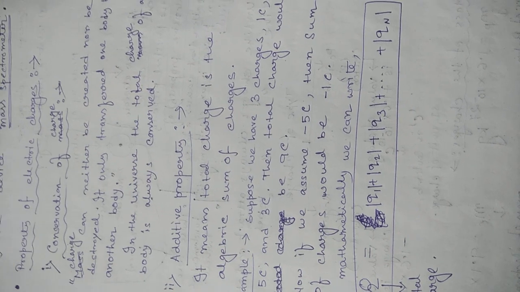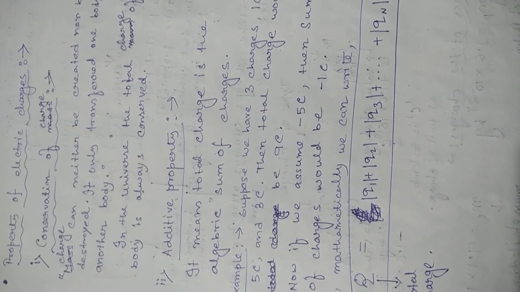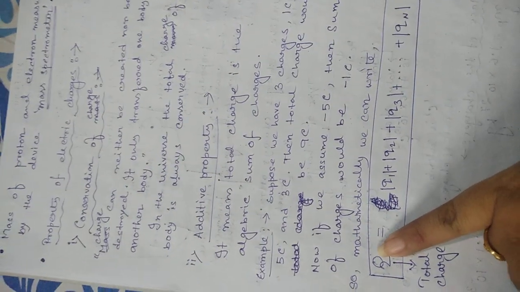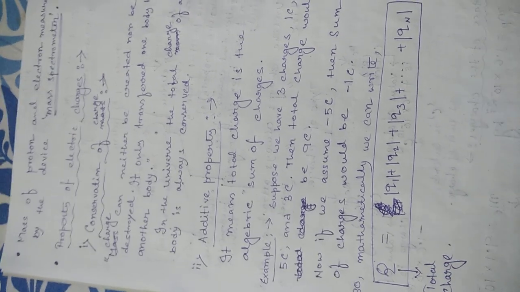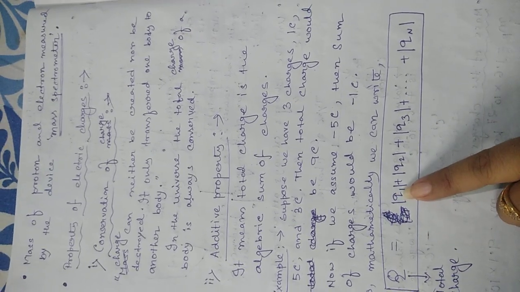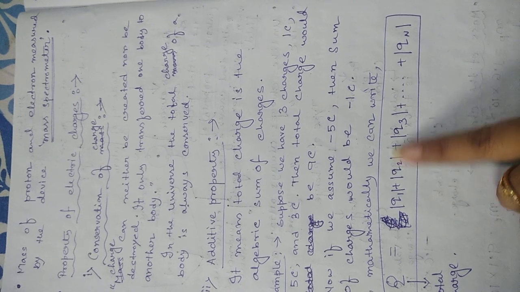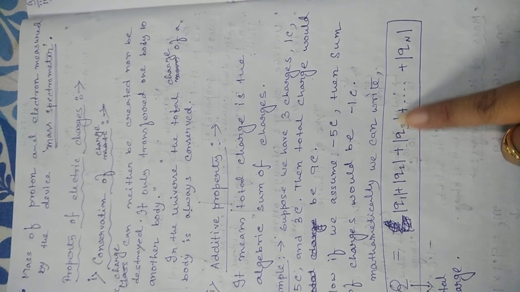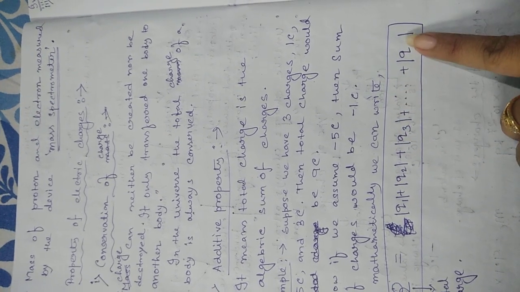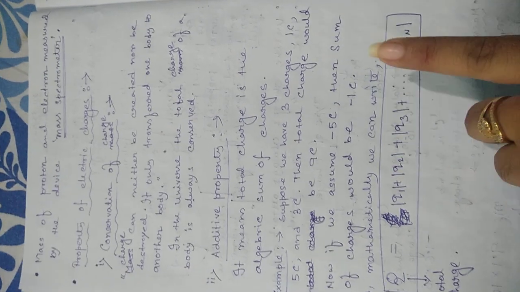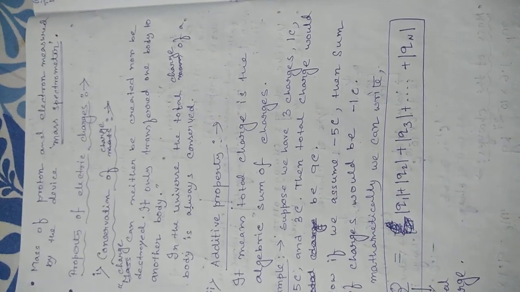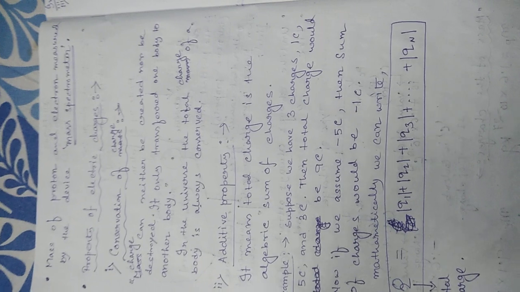So simply we add these charges. Mathematically we can write Q, the total charge of that system, equals Q1 plus Q2 plus Q3, and if there are n number of charges, up to Qn. So it is an additive property. Simply we add these charges.